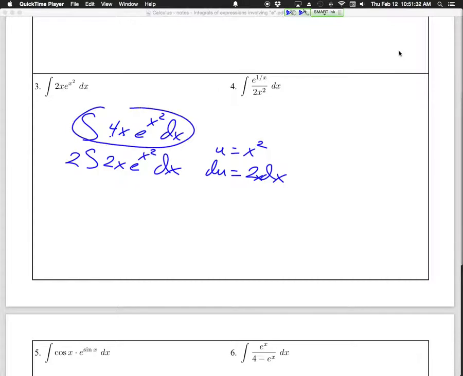Would you agree that this and this are the same thing? Yeah. And then you just bring the 2 down. Since it's outside, it's got to come down. So everything connected to the e is what gets integrated, and anything on the outside comes down.